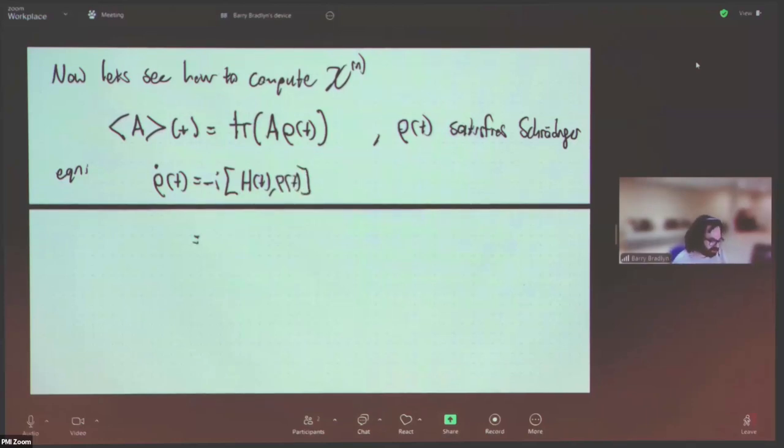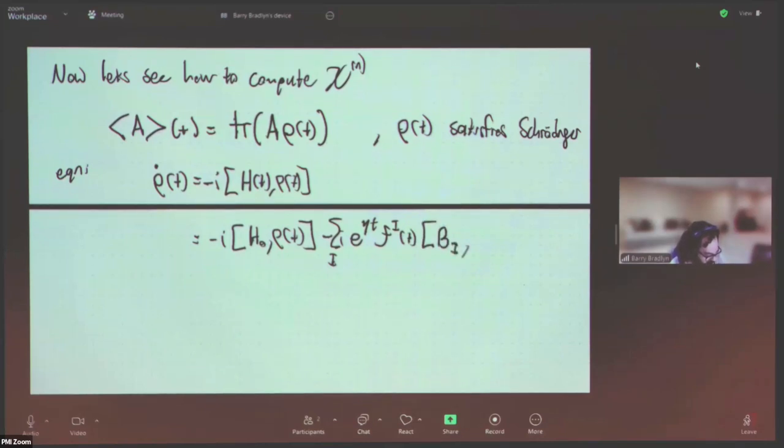And let's just insert our form of the Hamiltonian. We have H naught, and then we have our perturbation. And we know what the boundary or the initial conditions on our solution rho of t need to be. We know that as t goes to minus infinity, rho of t goes to our equilibrium density matrix rho. So we'll do the standard thing in perturbation theory.